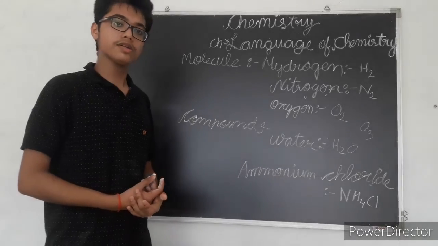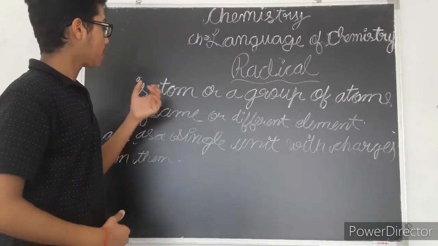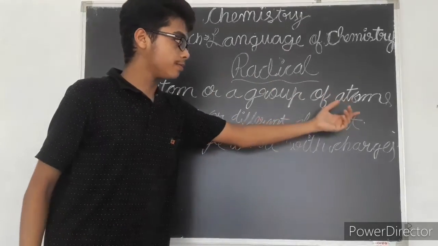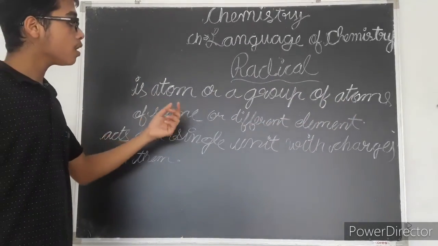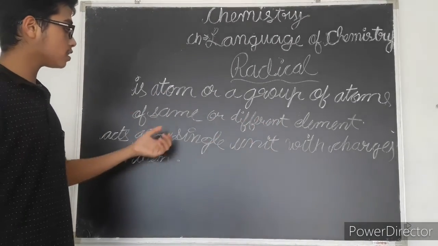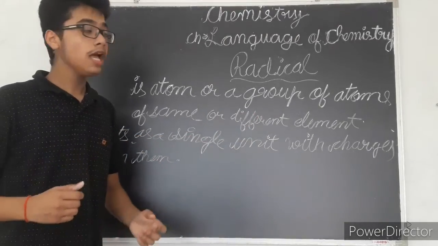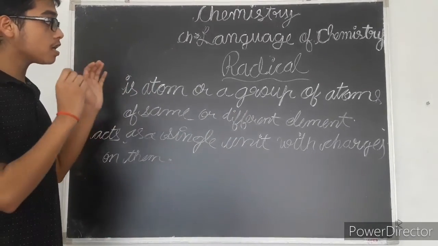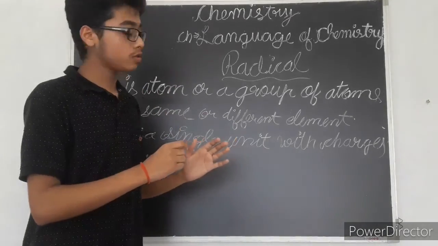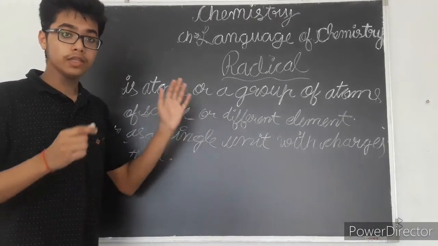Now we will study about radicals. A radical is an atom or a group of atoms of the same or different elements which acts as a single unit with charges on them. Means a radical can be an atom also, or can be a group of atoms of the same or different elements.